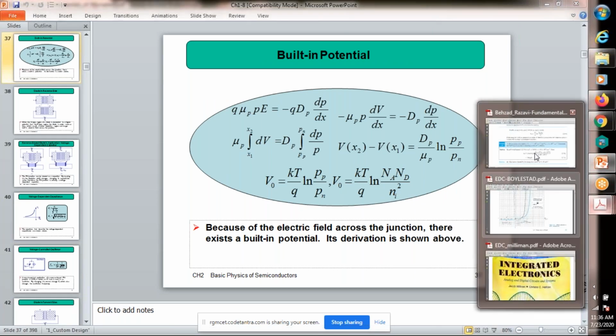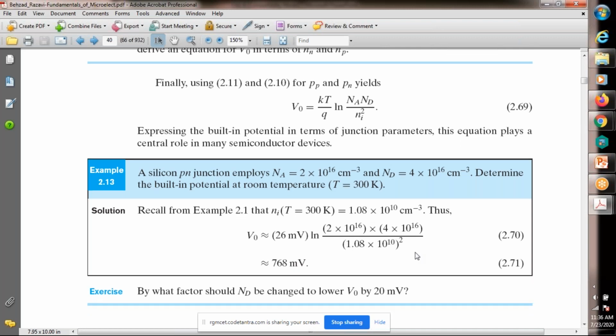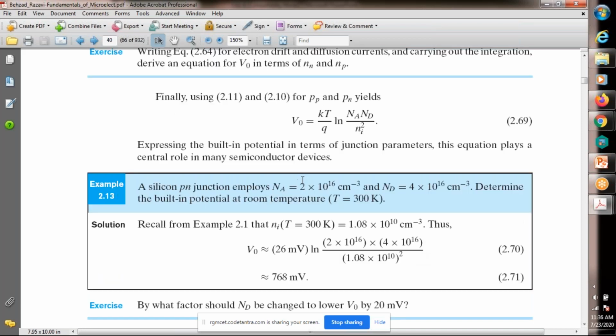And one small problem: taking the Ni value at room temperature 300 Kelvin and typical doping levels Na 2 into 10 power 16 per cubic centimeter, and similarly Nd 4 into 10 power 16 per cubic centimeter, the built-in potential is approximately equal to 768 millivolts. I request the students to please repeat this example 2.13 for T equal to 600 and 900 Kelvin.